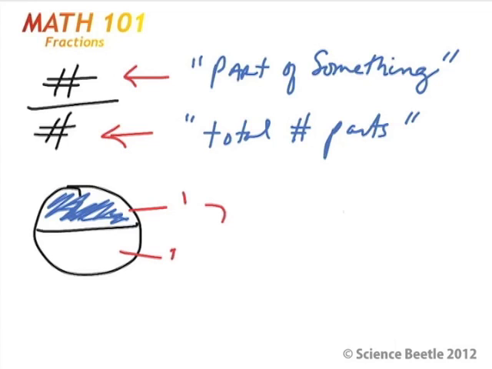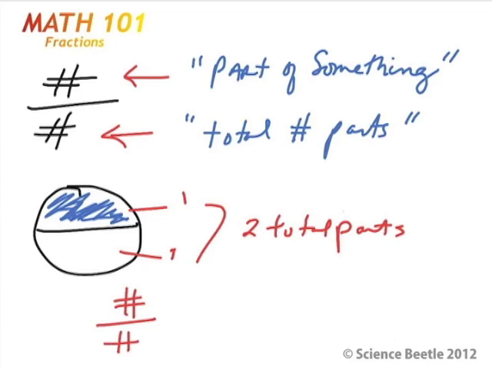So there are 2 total parts, right? And so if we set this up in terms of a number over a number, and we know that the top number is the number that we're interested in, and the bottom number is the total number of parts that we have to consider, the total number of parts is going to go at the bottom, and since we're only interested in the top portion here, we know that the number is going to be 1/2. Okay?